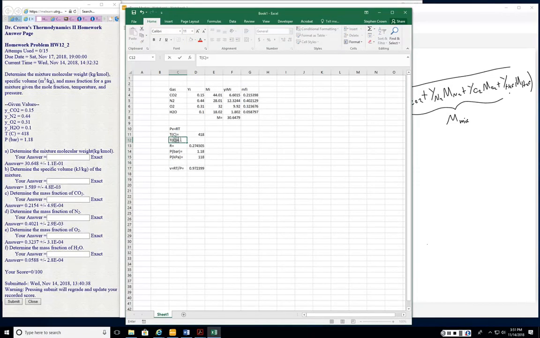Temperature Kelvin equals this plus 273.15. So now my equation should use temperature in Kelvin. And when I do that, I get a little better answer, 1.6078 and 1.589.